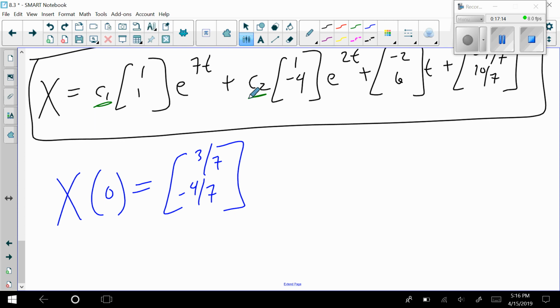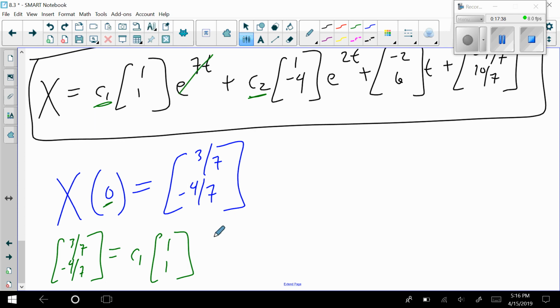Okay, so when I plug in 0 for my t, right, I should get this thing out. So essentially I have a 3 sevenths and a negative 4 sevenths here should equal c sub 1 times, okay, well, clearly there's no t's inside that matrix. But this 7t, when I put in a 0, right, this just goes away. So I don't even have to worry about that here.